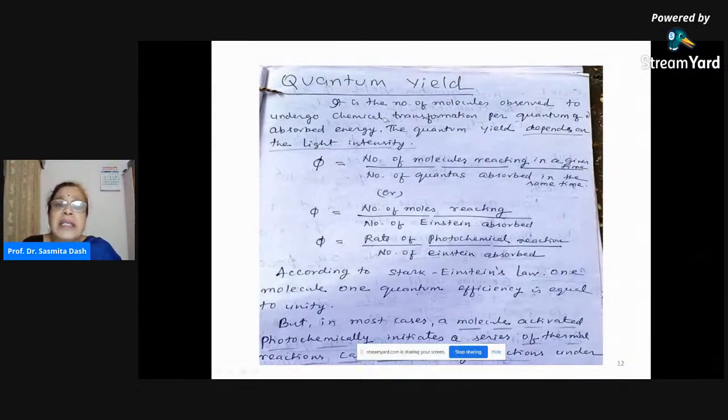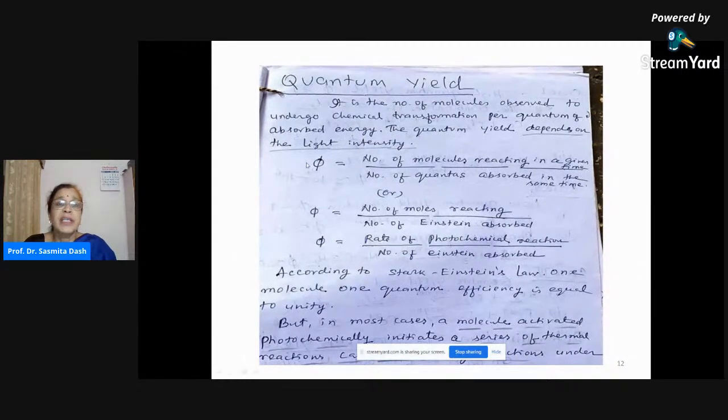What is quantum yield? It has been described in 3 different ways. It is the number of molecules undergoing chemical transformation per quantum of absorbed energy, and it depends on the light intensity. The more intense the light, the higher the quantum yield.